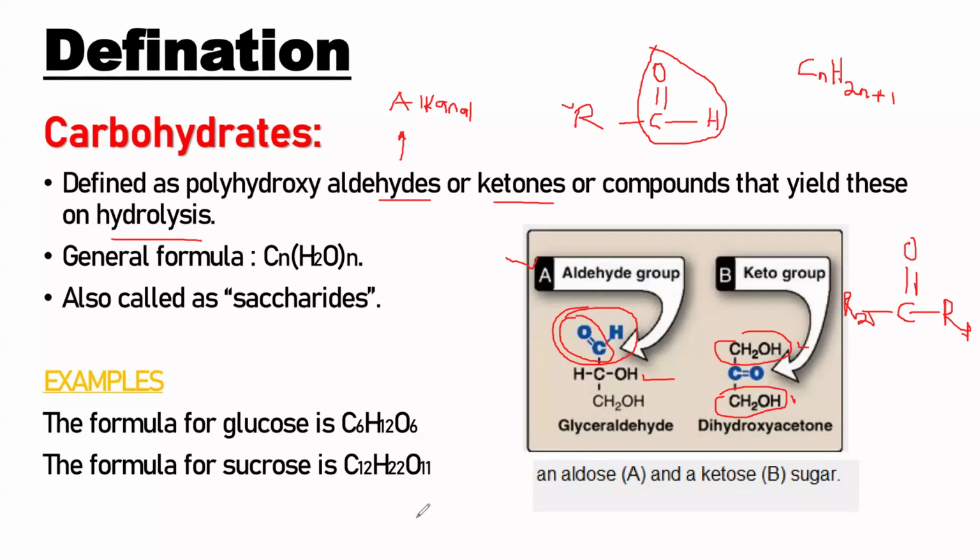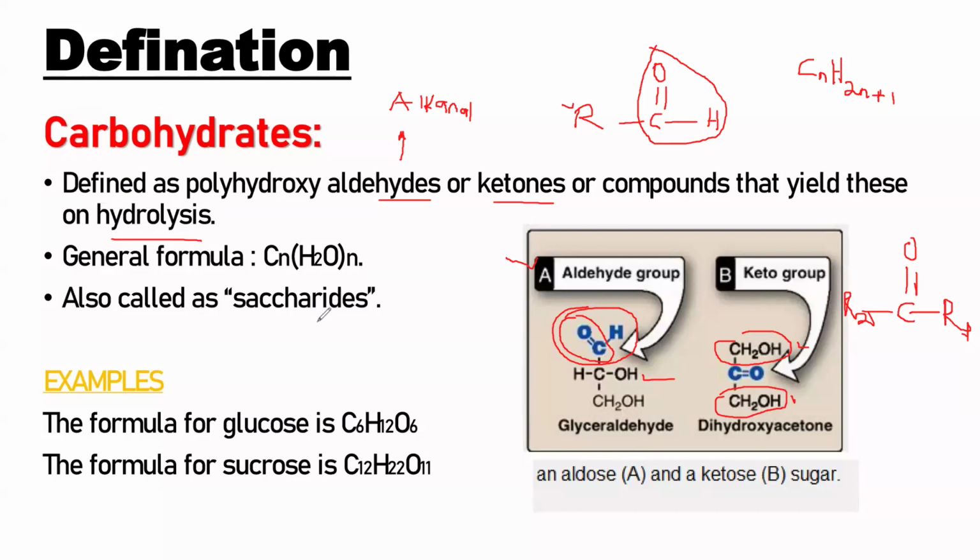And then the next thing is the general formula for carbohydrates. The general formula for carbohydrate is Cn(H2O)n, and carbohydrates are also called saccharides. So another name for carbohydrate is saccharides.